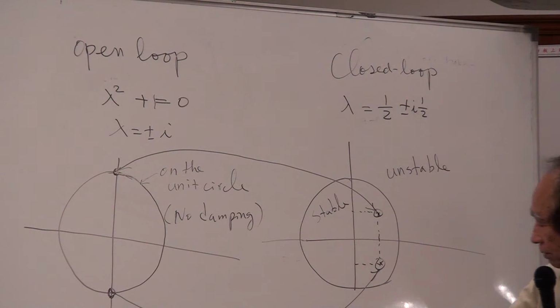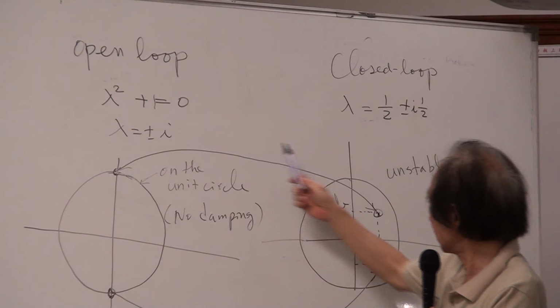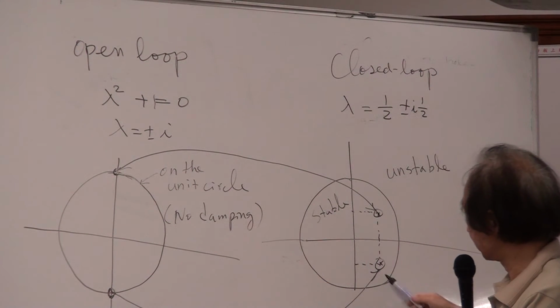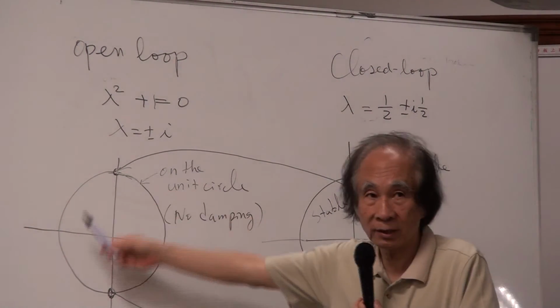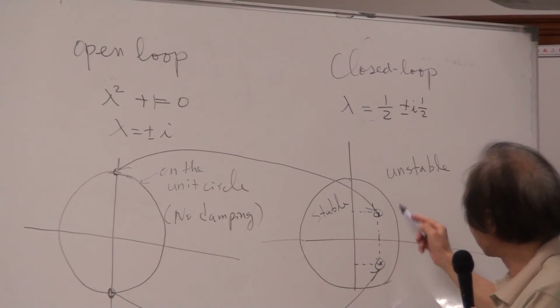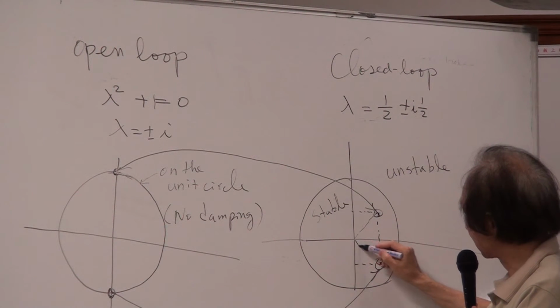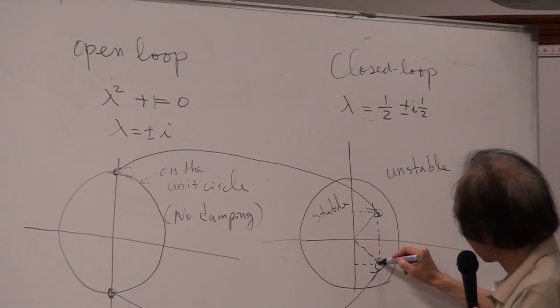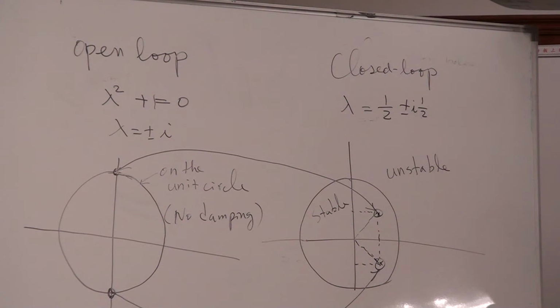If I have this feedback, then my open loop poles will move from here to there. My original system has no damping. After I move here, we have damping, because it's inside the circle.